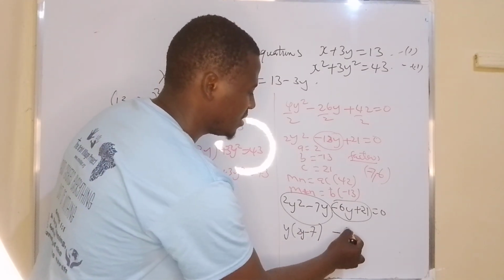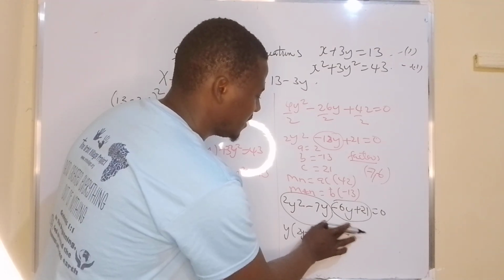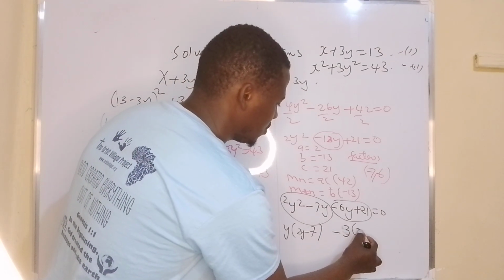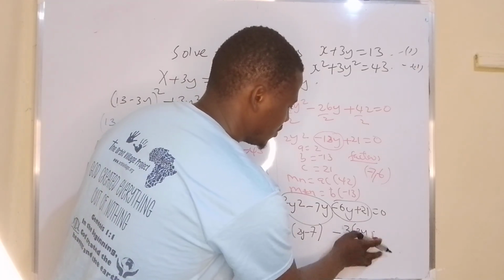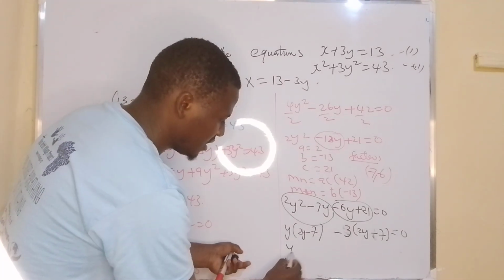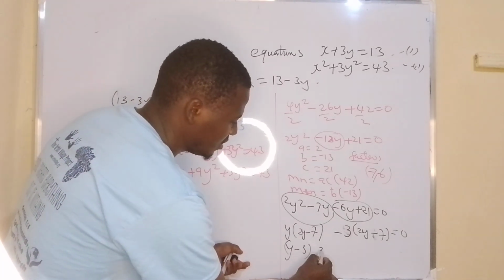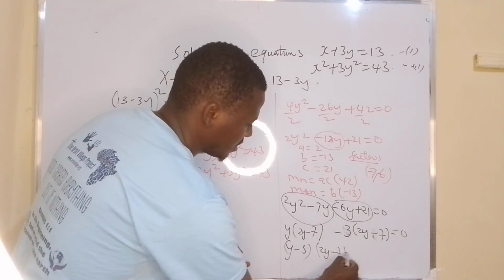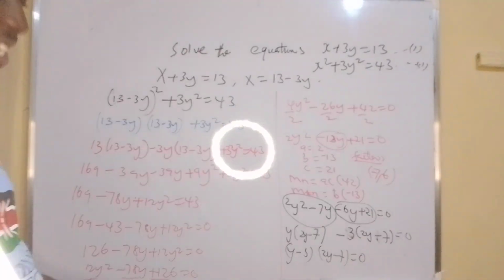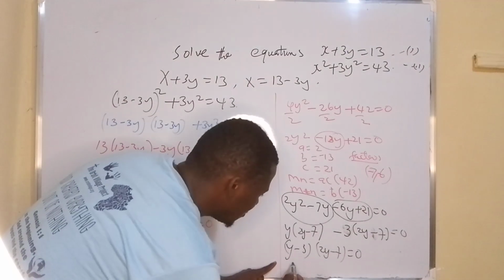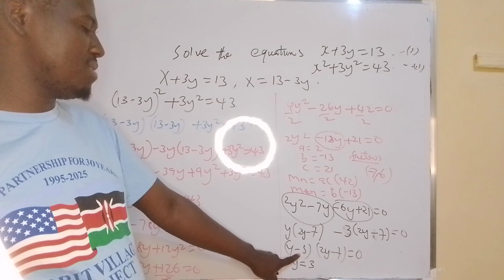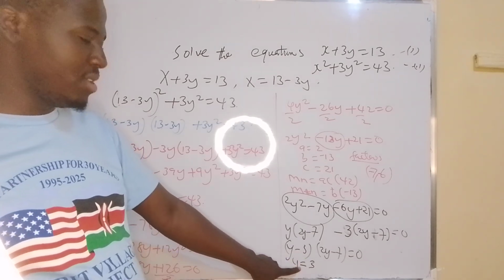Then this one, what is common? 3 is common, of course. 3, then 2y minus 7, minus 7 is equal to 0. So the factors are outside, and you combine these inside into one sum. So as we proceed, when y minus 3 is equal to 0, therefore y will be 3.